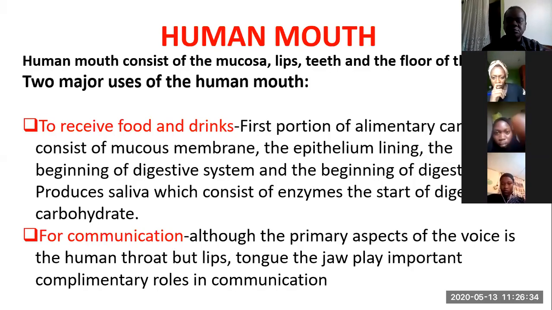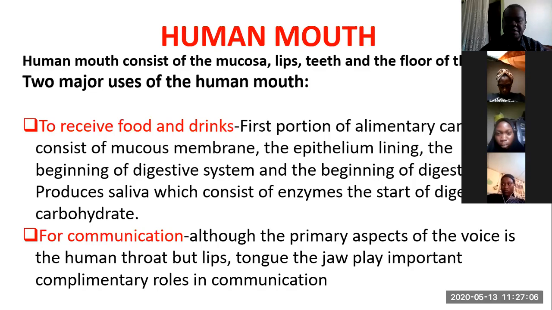For communication, the mouth is used for communication, as I said. For you to be able to communicate, the lips should be there, the tongue should be there, the jaw should be there. Sorry, not just the jaw that should be there, the lips should be there. And the teeth should be there too. Because if the anterior teeth, that is the teeth you can see in front, are missing, I'm telling you, the individual will find it difficult to communicate, will find it difficult to speak.